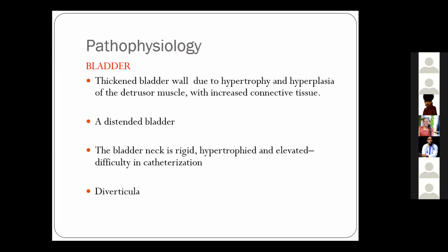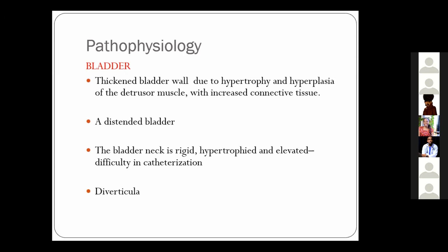And if there's hypertrophy of the detrusor muscle, of course, even the contractility of the bladder may be distorted. And therefore, we shall see later that these patients may actually have problems passing urine, even when you have eliminated the obstruction, because the detrusor muscle and the connective tissue have been changed from the normal.